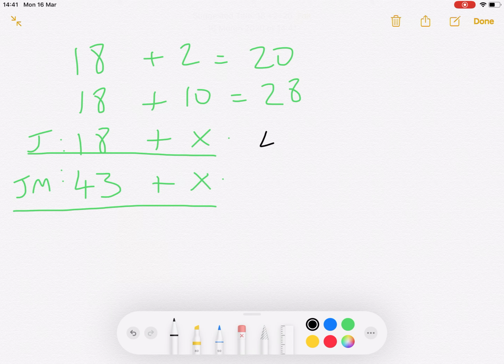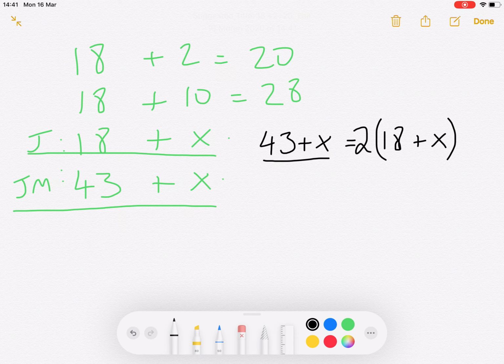So what I can do is say in X years time I've got Joanne's mother 43 plus X, that old, whatever that number is, and then she is going to be twice as old as Joanne at that time. So Joanne is going to be 18 plus X, but Joanne's mother is going to be twice as old as Joanne.